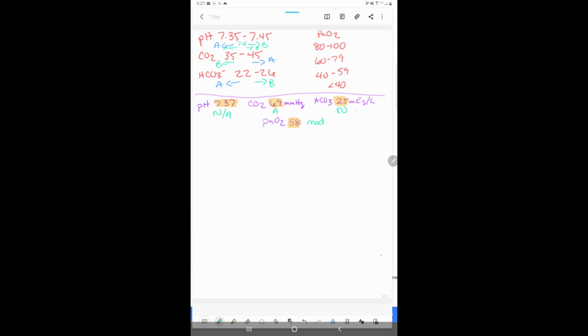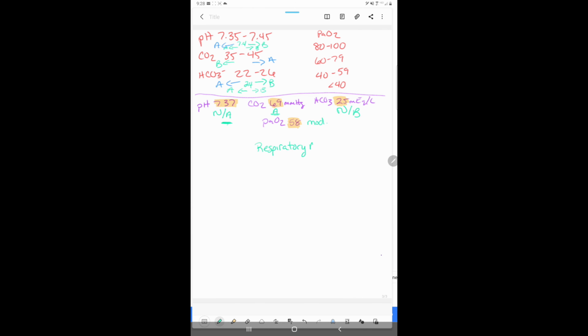Look at your 25. Like I said, 24 is your perfect number. Anything less than 24 is going toward your acid side. Anything greater than 24 is going to be a base. So this is going to the right of the 24, going up higher, so it's going to be leaning base. So now we got to see which one matches your pH as an acid. That would be your respiratory. So this is a respiratory problem.